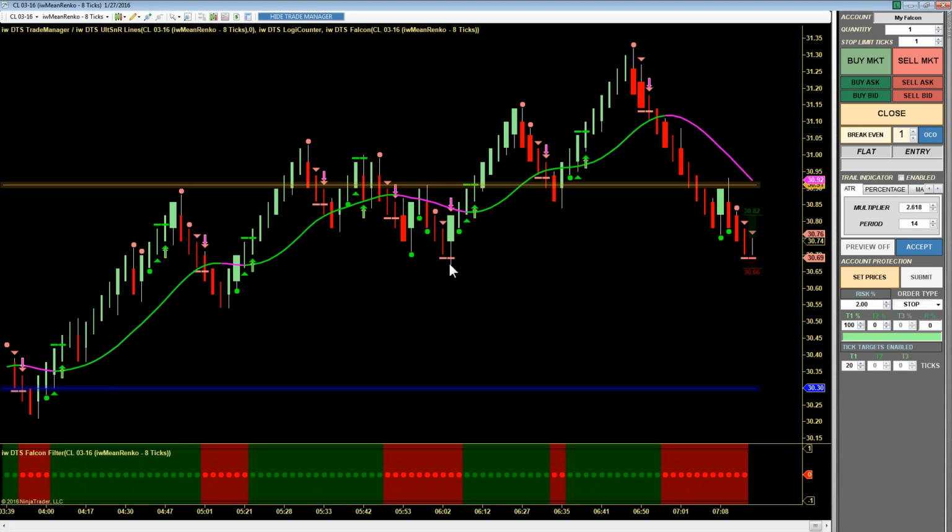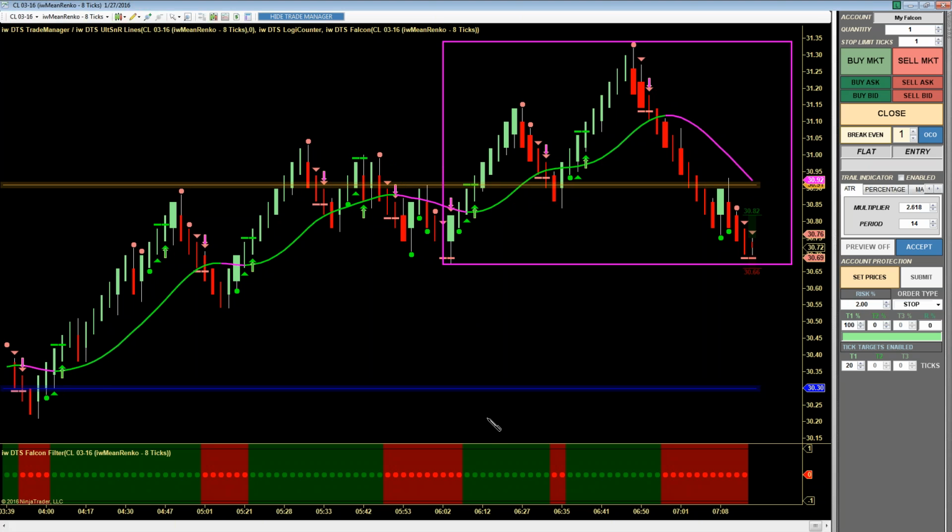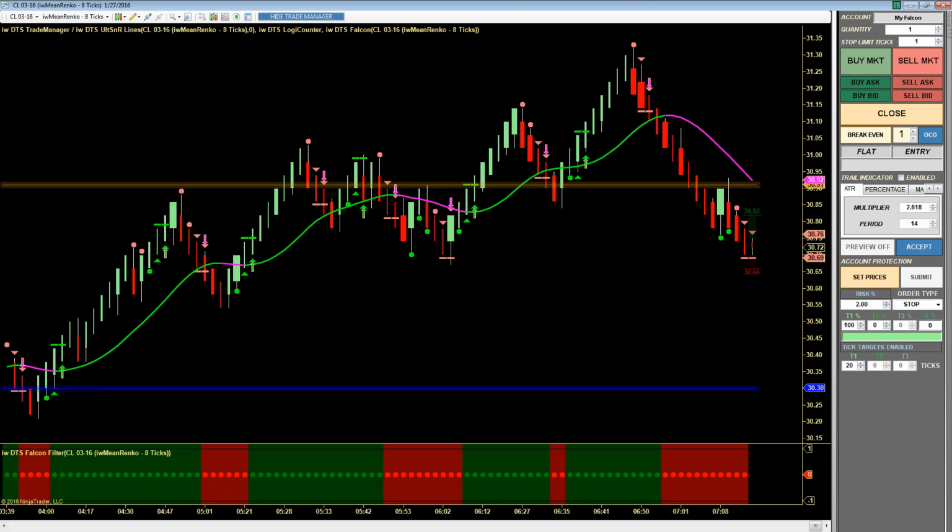We do have lows here. I guess the range looks something like this. But I really need to see the market get back toward the middle of this trading range before I get too keen on doing anything, at least from a bracket scenario.